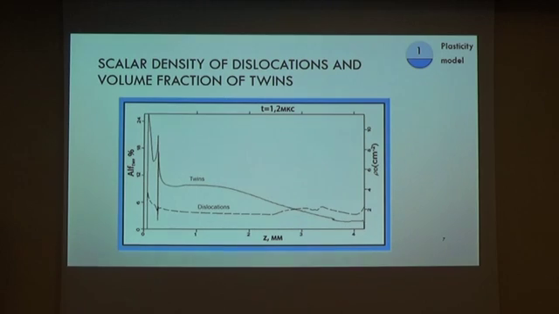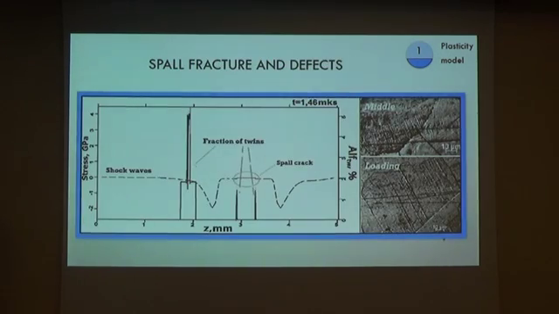And then we have distributions of different types of defects, such as dislocation density and, for example, twins, volume fractions through our target. But also, if the deformation conditions allow it, we have a SPALL fracture, and in this case we have a SPALL fracture region and two waves that move from both sides of our SPALL.